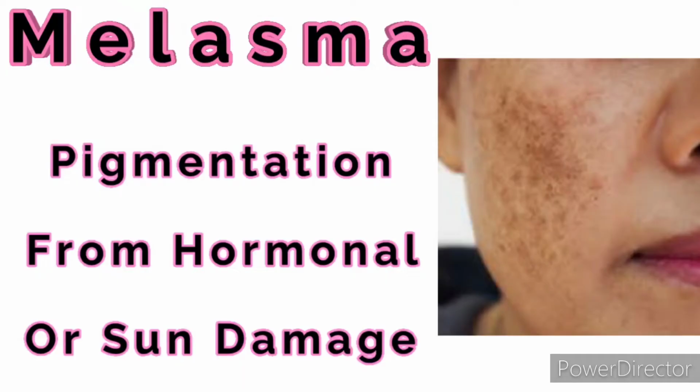Next up, we have melasma. We've all probably either experienced having melasma or known somebody that's had it at some point in our lives. Sometimes it can be caused by sun damage, but generally this condition is caused by hormonal imbalances. A lot of times you'll see this in women during pregnancy, and the hormonal imbalances will cause something called the pregnancy mask.